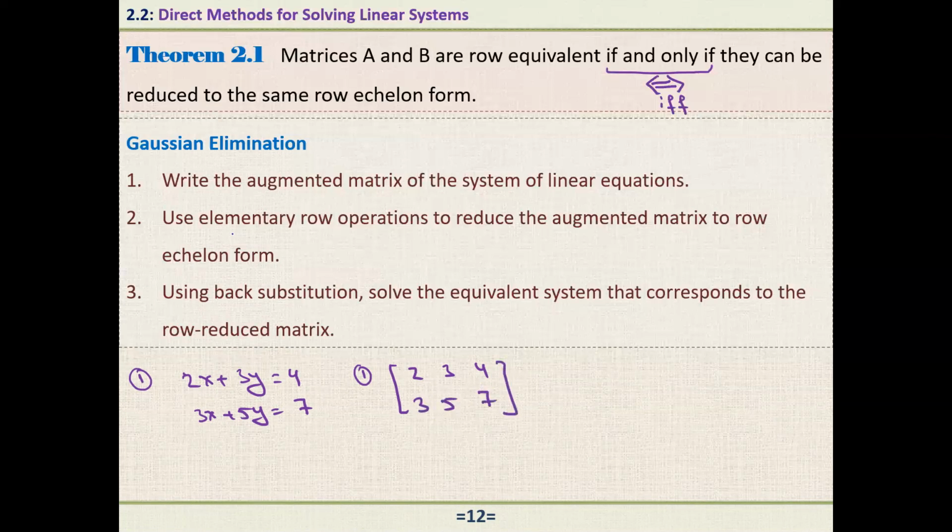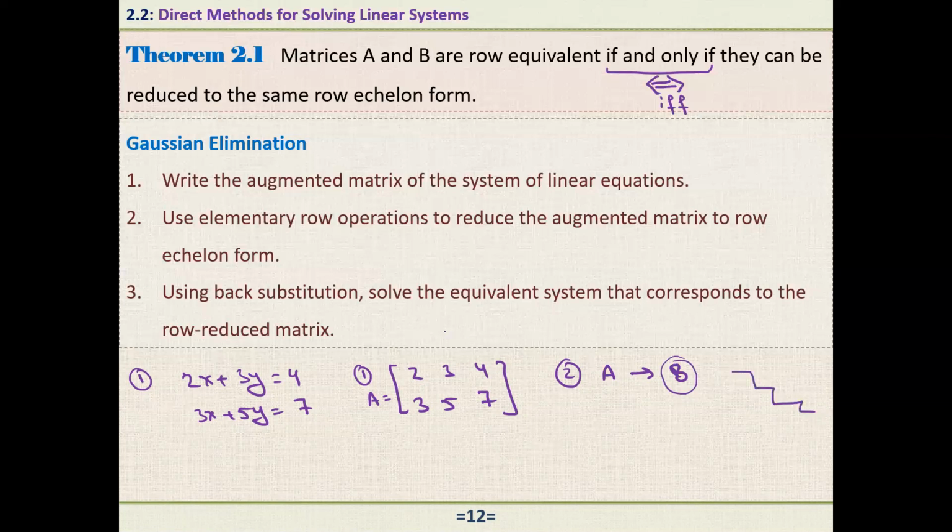In the second step, use elementary row operations to reduce the augmented matrix to row echelon form. Let's say this one is matrix A. So we have to change this matrix A into B, where B is in echelon form. That means that we have some kind of staircase like this, right?